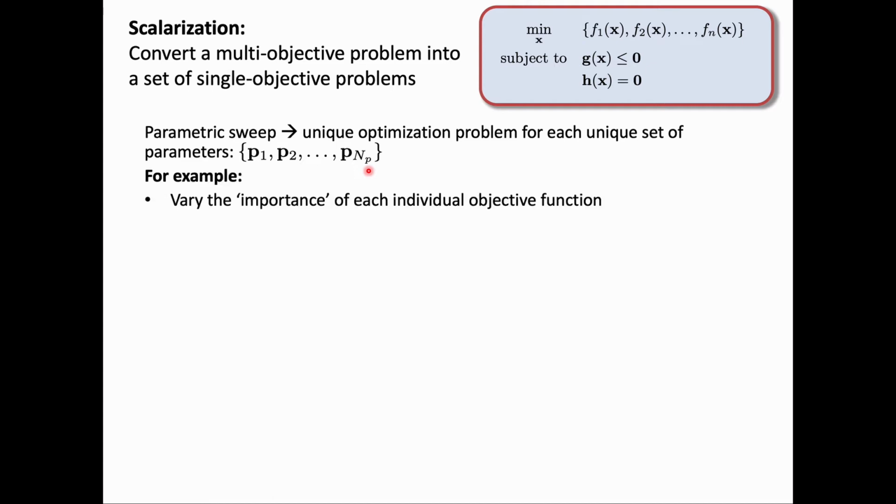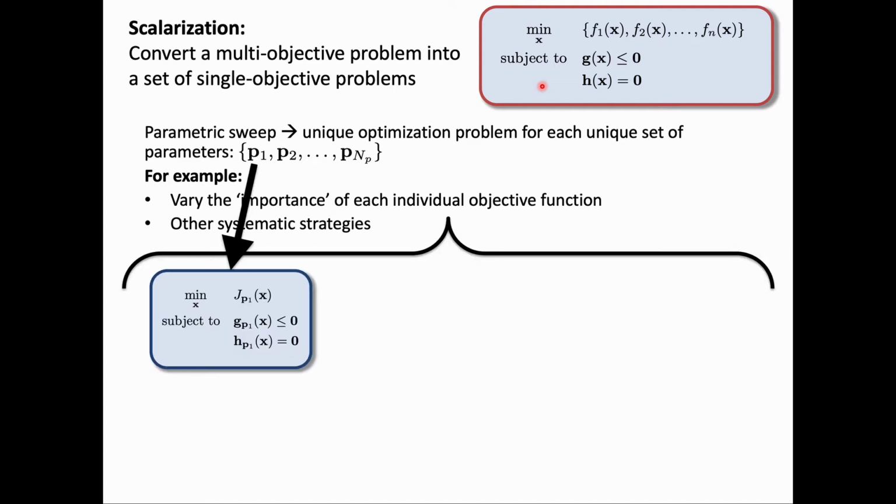For example, one way of thinking about this is to vary the importance of each individual objective function. We can weight different objective functions differently. There are other systematic strategies that can be used. Let's have a look at this general idea. We are sweeping through parameter values and using these parameter values to take our multi-objective problem and transform it into a whole set of single objective problems.